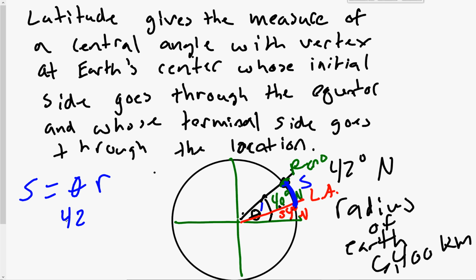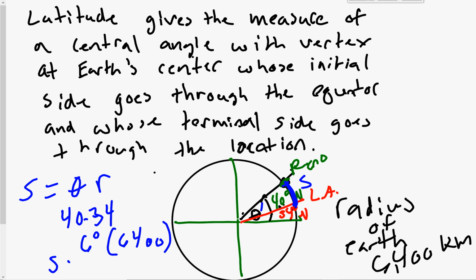So 40 degrees minus 34 gives me 6, so 6 degrees, and then I can multiply it by my radius, which is 6,400.